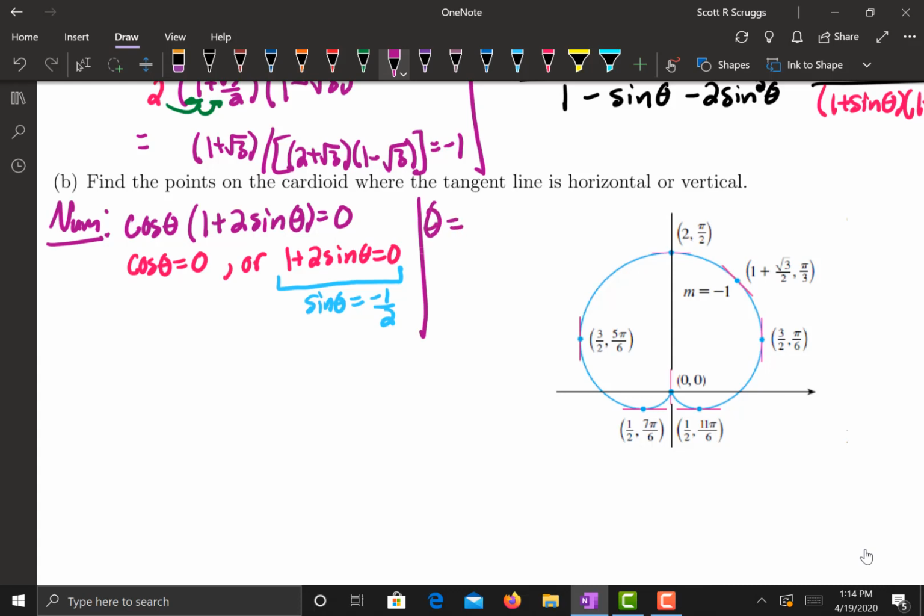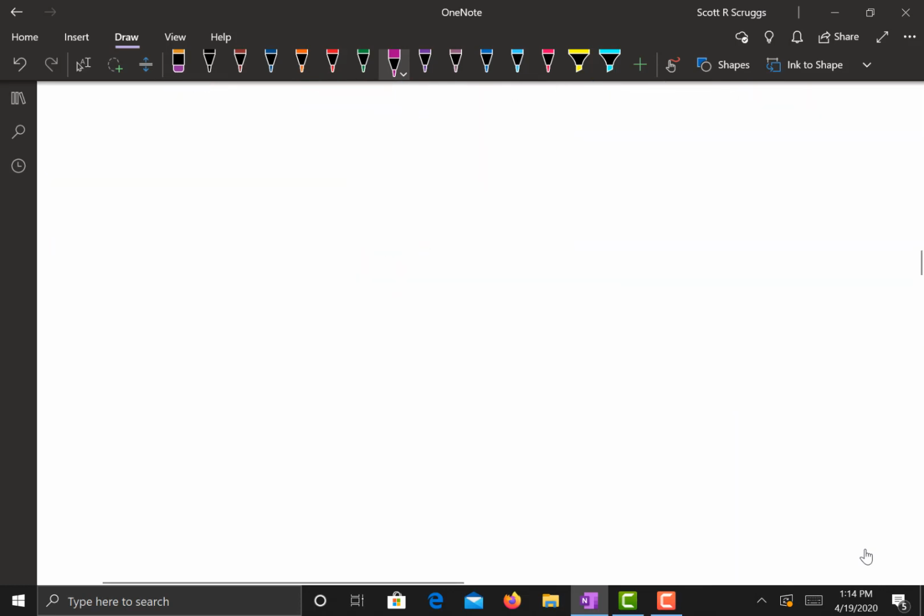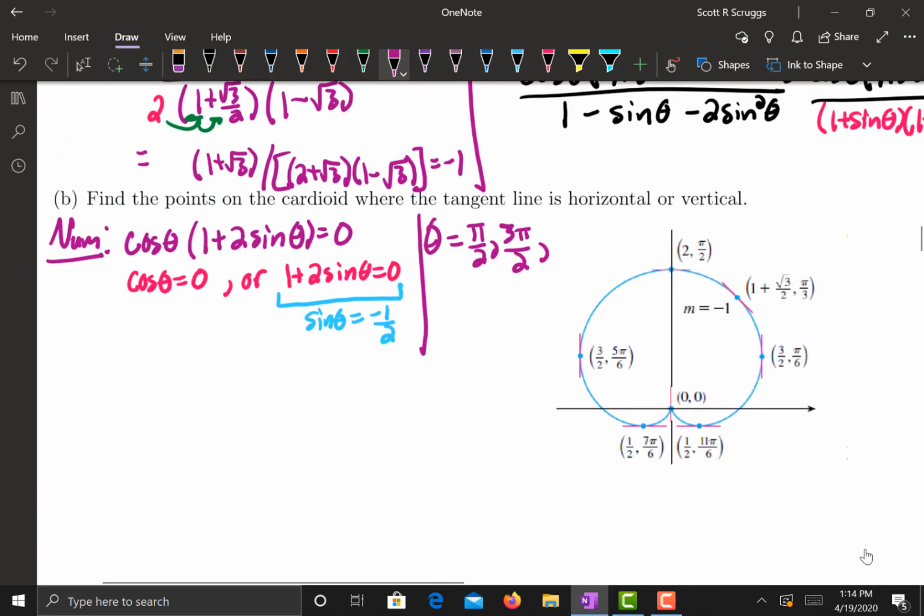So we know that cosine will be 0 when I am at pi over 2 and at 3 pi over 2. And we know the values that make sine equal -1/2 is if I land in either the third or fourth quadrant of my unit circle, which is, go back up here, which is 7 pi over 6, and then 11 pi over 6.